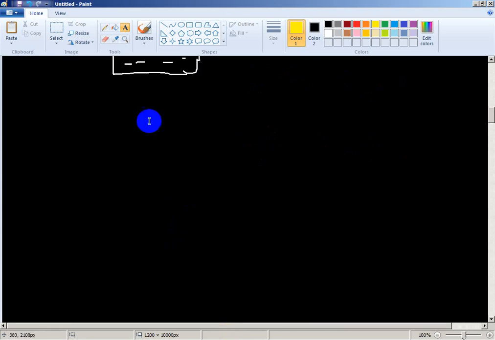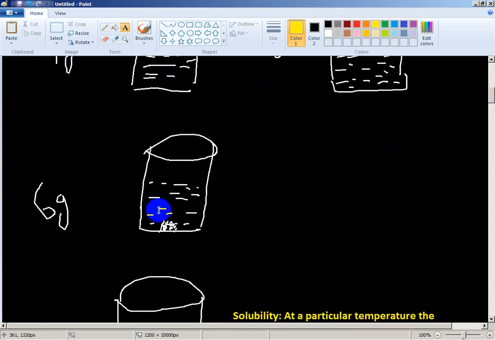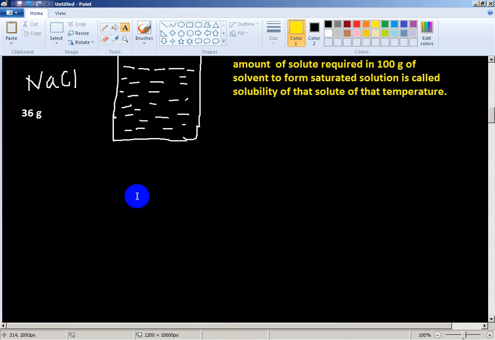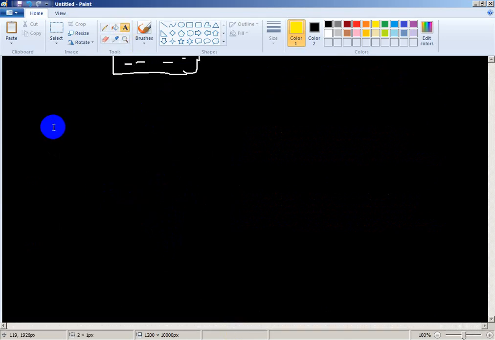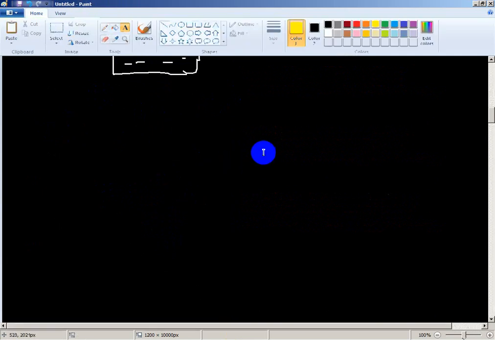Like, what is the investigation name? Investigating solubility, experiment name. I should use orange color.